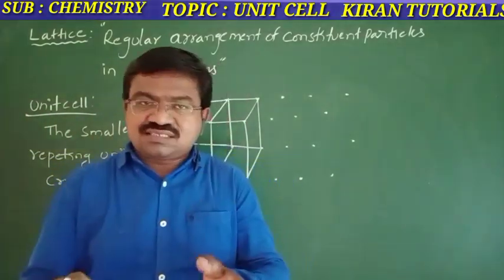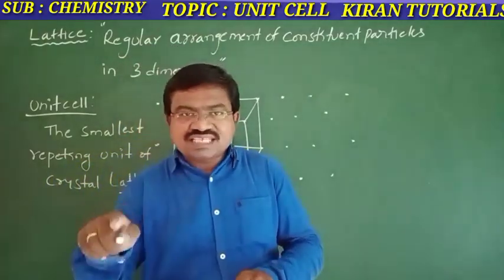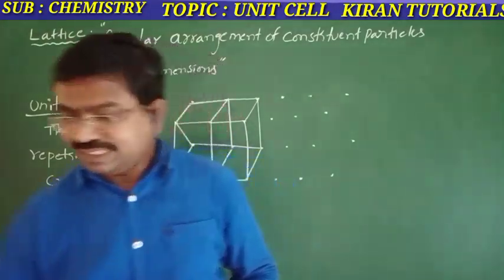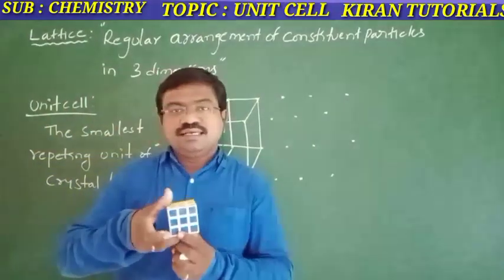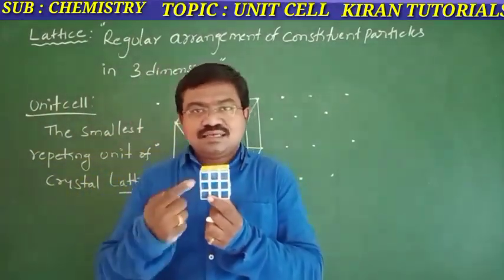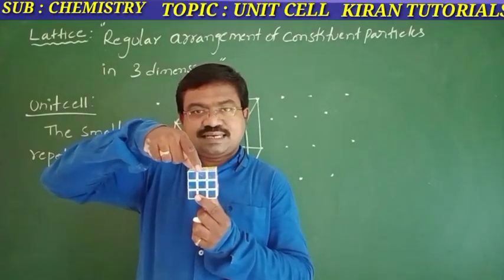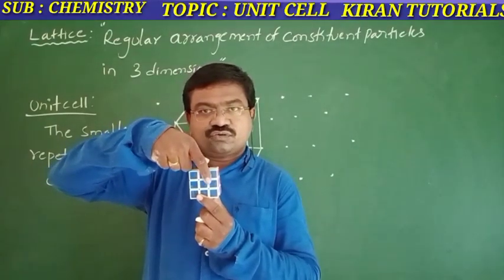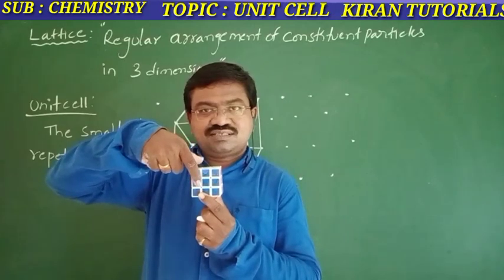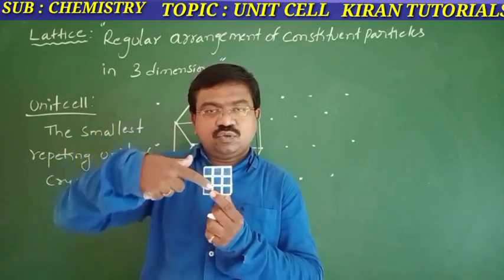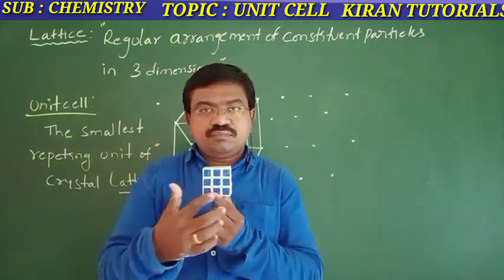So you know the lattice, and in that, the smallest repeating unit. Example, if it is a crystal lattice, here is the smallest one, the first one, second one, third one, 4, 5, 6. All are the same color.